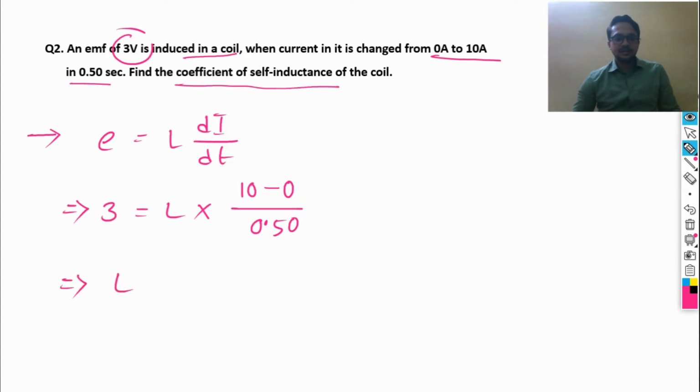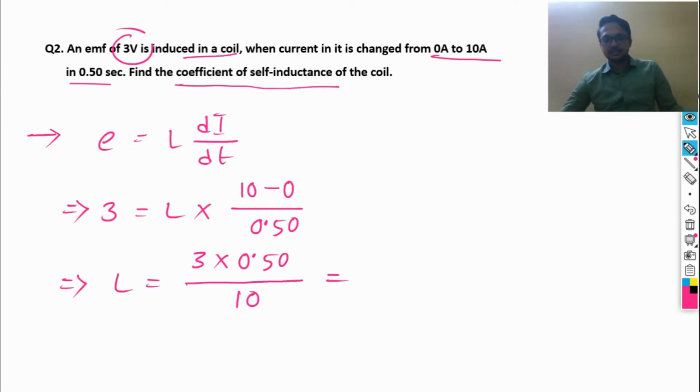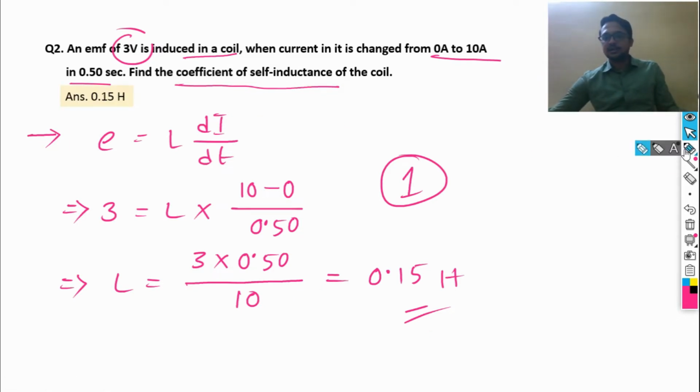So L equals 3 into 0.50 by 10, just do cross multiplication. Use the calculator, and we get 0.15. The SI unit of self-inductance is Henry. This one will also be a 1 mark question. Clear? Check the answer: 0.15 Henry. Okay, clear?